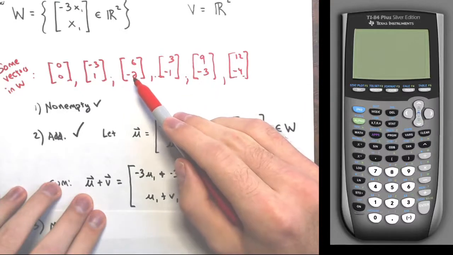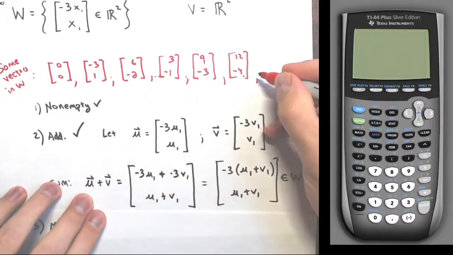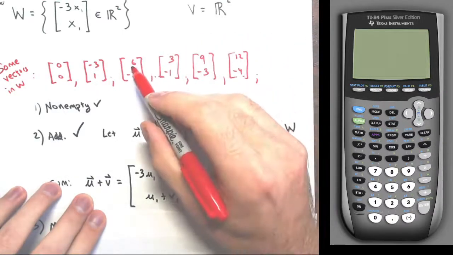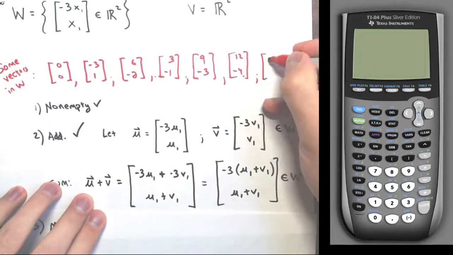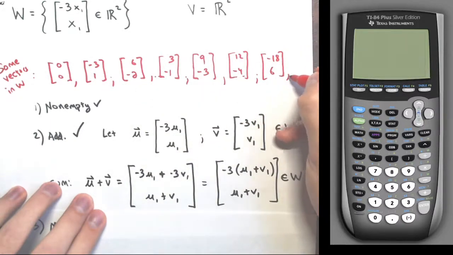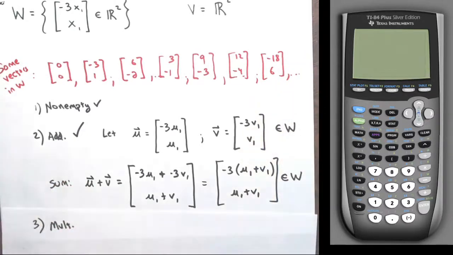All right, I'll do something simpler. Multiply this one by negative 3. That'd be a negative 18, and then positive 6. Is this one in W? Yeah, because the top component is negative 3 times the bottom component. So after looking at just a couple examples, it looks as though the set is closed under scalar multiplication.